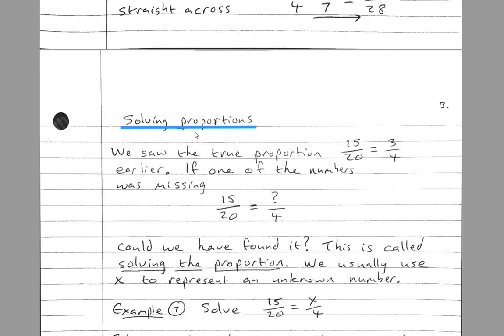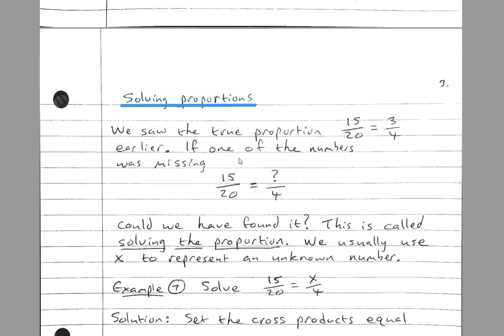Okay, what's this? Solving proportions. We saw this true proportion earlier: 15/20 equals 3/4. But if one of these numbers was missing, say the 3 was missing, let's replace it with a question mark.